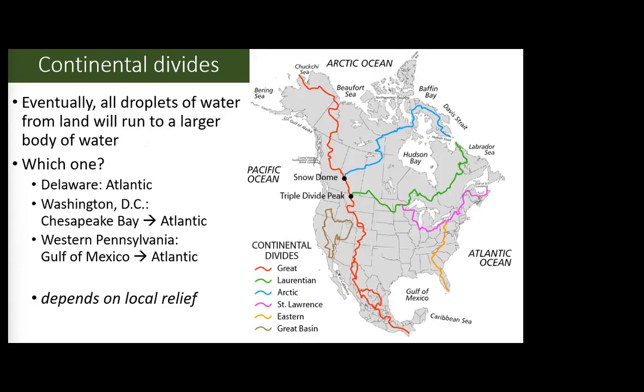So we have a bunch of large-scale divides in the United States. These define huge watershed areas. So if we have, for example, this is Triple Divide in Montana, no, not that one, sorry. Montana is over there. Triple Divide Peak in Montana, also known as the Hill of Three Waters.